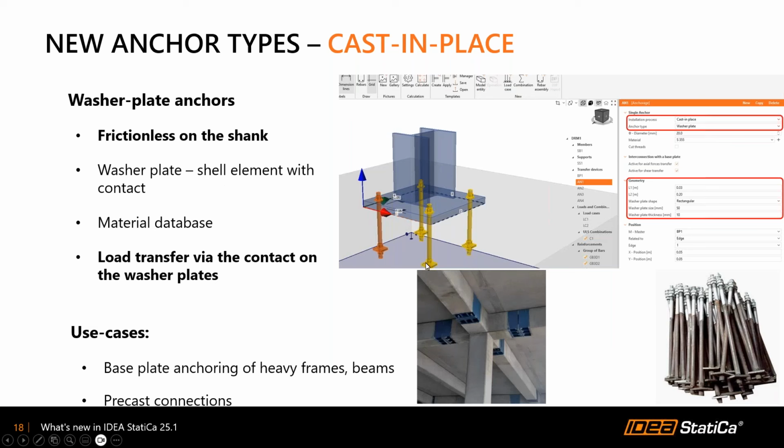So it's going according to the assumption from the code. As you can see, we are enabling you to insert the shape of the washer plate and distances and size of the washer plate that basically affecting the behavior of the concrete.